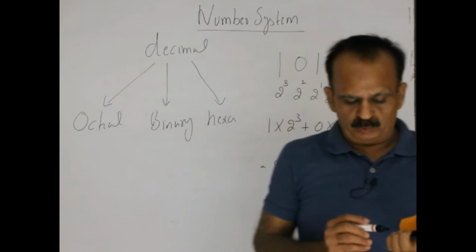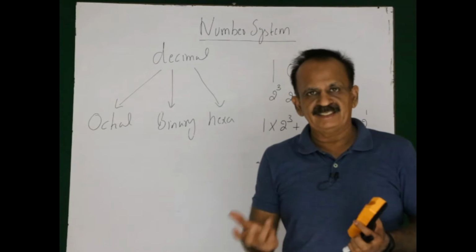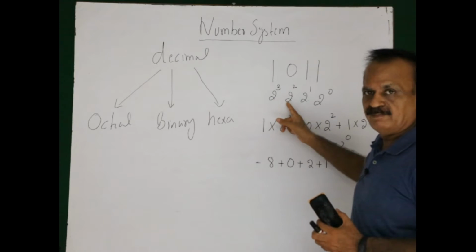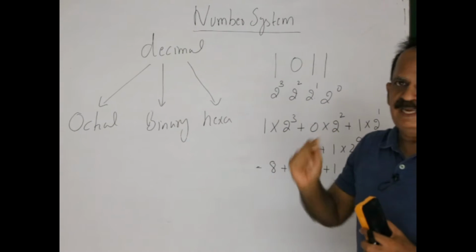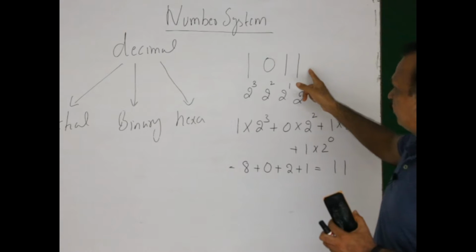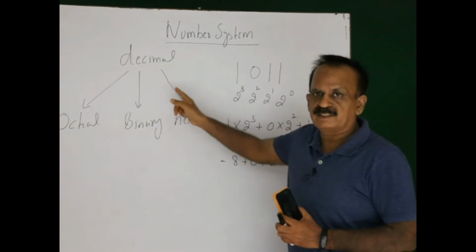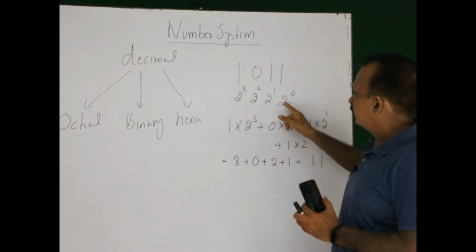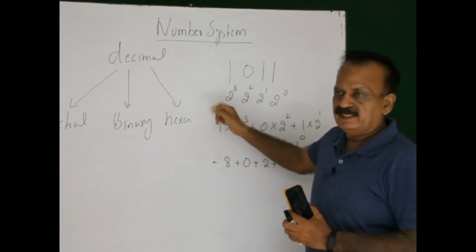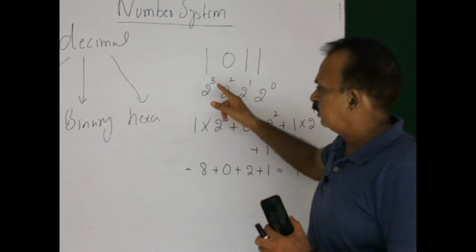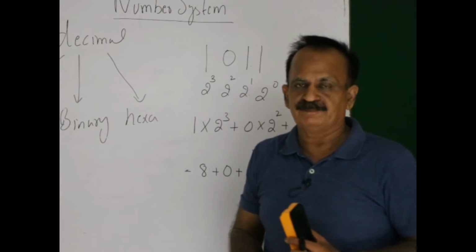There are two questions. One is why I selected 2? Because the base of the binary number system is 2. And then from the decimal point, this is the decimal position. From the decimal position towards the left, I gave increasing powers of this base, like 2 raised to the power 0, 2 raised to the power 1, 2 raised to the power 2 and 2 raised to the power 3.